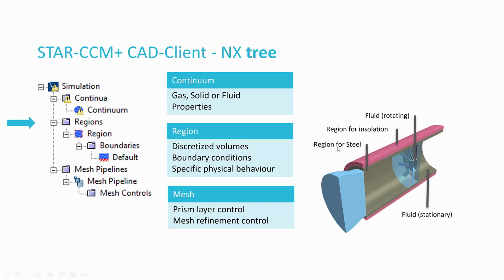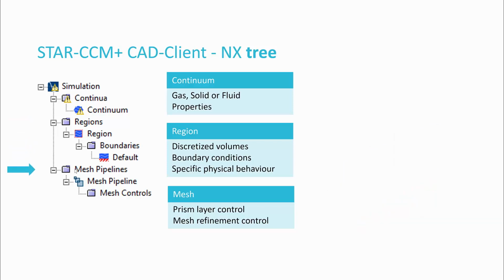So we can have several regions, like in this case. Here we have a fluid domain that's stationary. Inside we have a fluid domain which is rotating with this propeller here. Then we have a region for the steel pipe, and on top of that we have a region for the insulation. All of these have different boundary conditions, and all of these have different discretizations possibly.